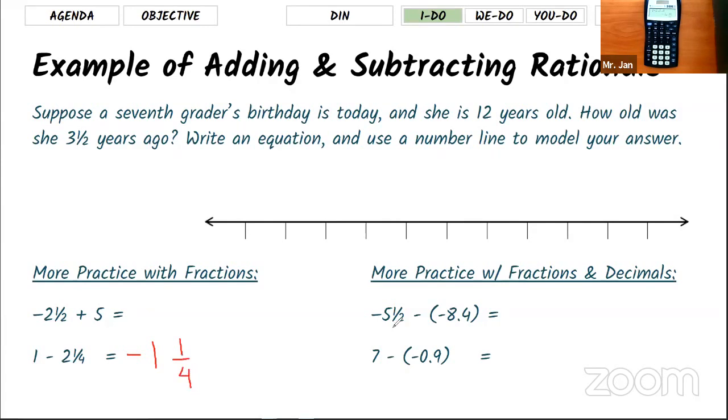Okay, and we're going to do these two also on the calculator. Let's keep practicing: negative 5 1/2 minus negative 8.4. Now this time we're going to practice with decimals and fractions, so all of them are rationals. So let me stop sharing my screen.